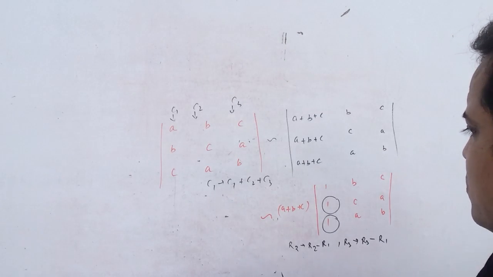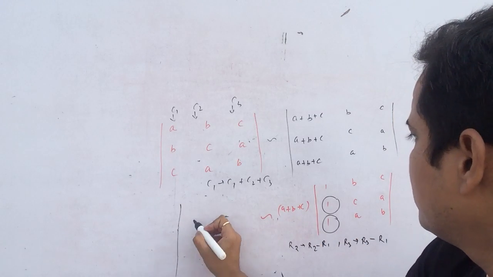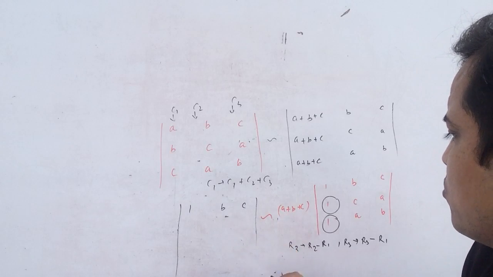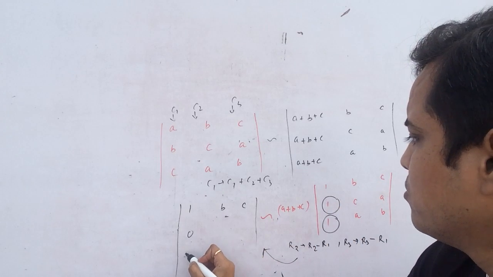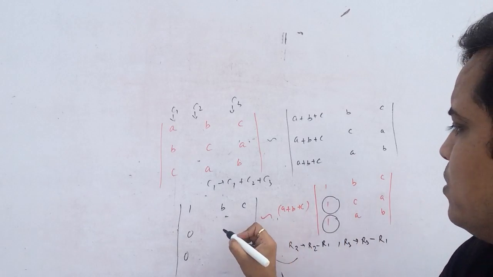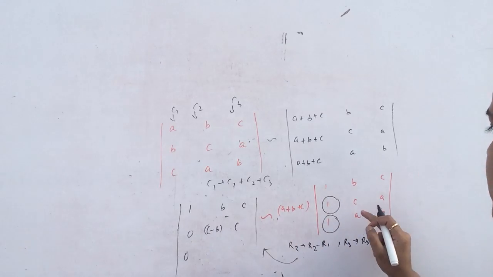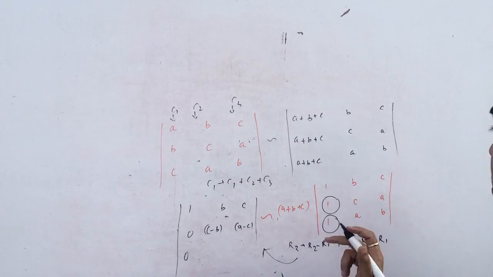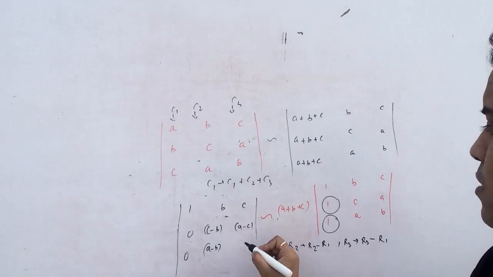Now when you apply this, you'll get here 1, b, c, no problem in the first row, but here you get 0, 0, c minus b, and here a minus c, here a minus b and b minus c.